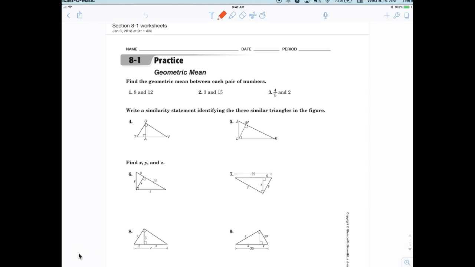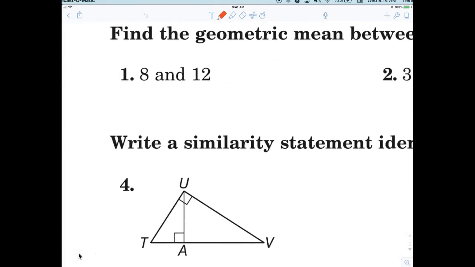So again, the geometric mean is simply the product of the two numbers, and then you take the square root of it. In this particular case, it's the square root of 8 times 12. A quick review of breaking down a square root: you pull common factors out.